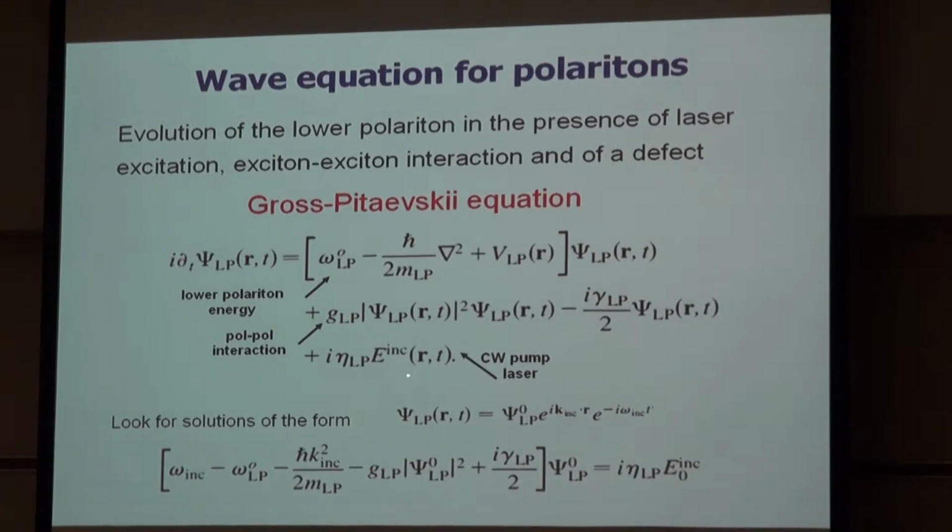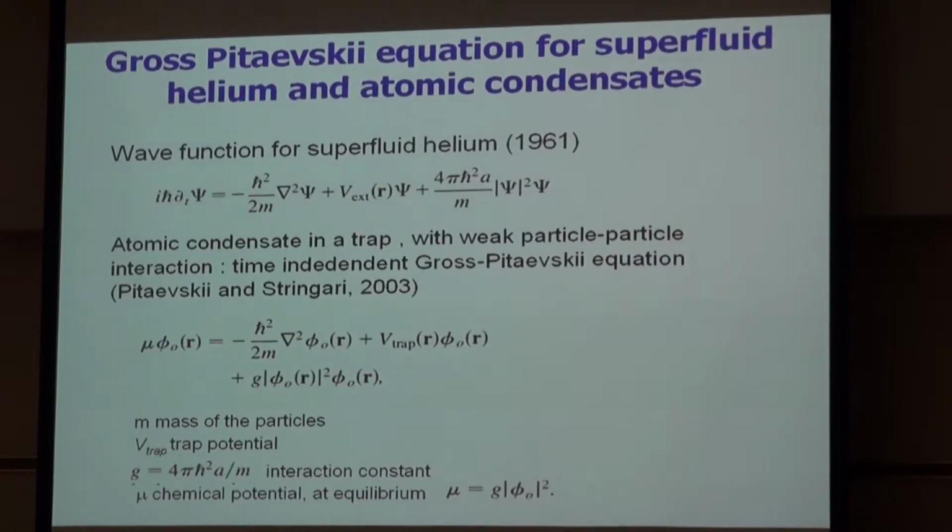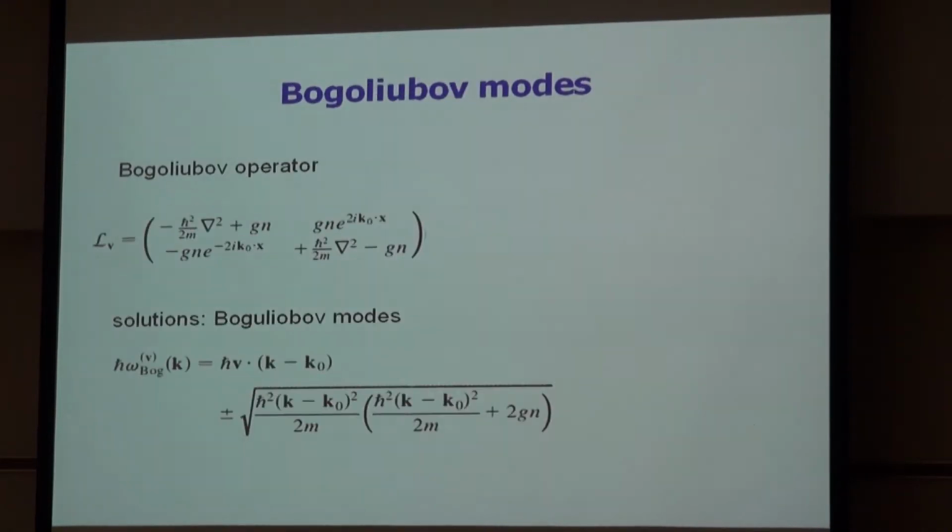Now, if you look at the solution in the form of a plane wave, the equation can be written like this. It's very interesting to see that it just looks like the Gross-Pitaevskii equation for superfluid helium or for atomic condensates. Then, of course, the next step is to look at Bogoliubov modes.